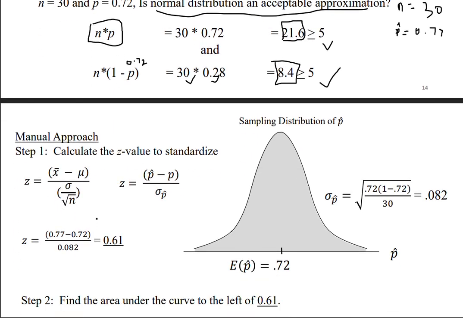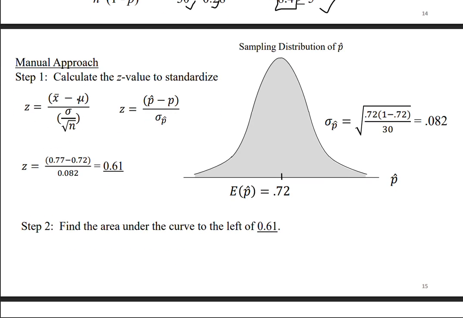So step one, just like we standardize in the quantitative case, we will standardize in this case as well. But our standardization formula for this qualitative variable is different, right? Because here we're dealing with proportions and not averages. So we take the sample proportion of 0.7277 minus the population proportion of 0.72 divided by the standard deviation of the sample proportion, which I calculated here.